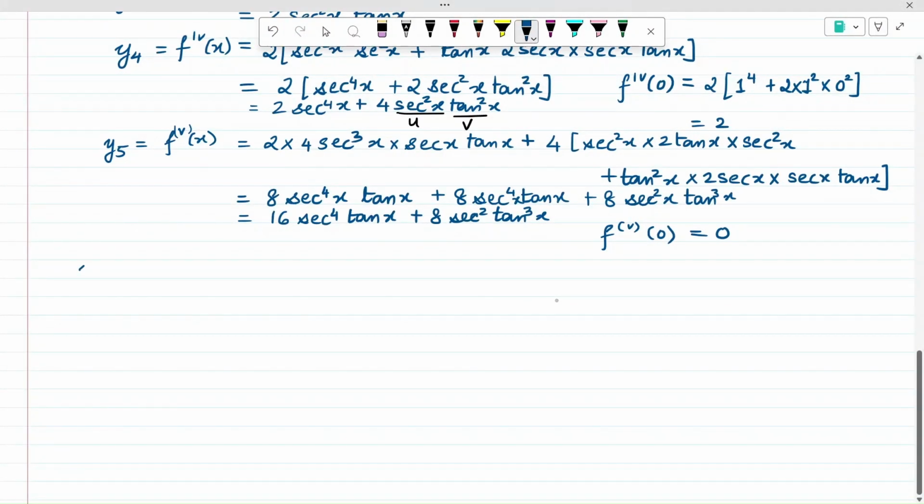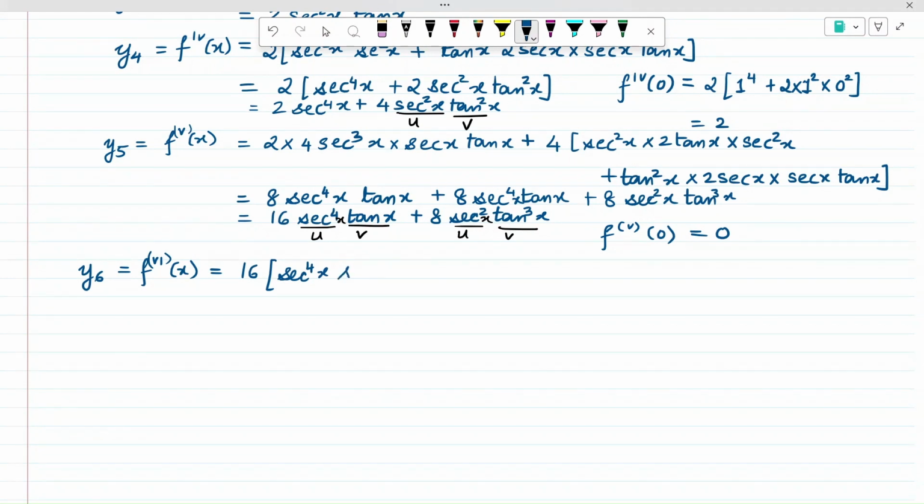Let's calculate the last derivative, that is y6, the sixth order derivative here. 16 constant, again u here and v here, again u here and v here, okay? So one at a time. The first one, I'll have u as it is. The derivative of tan is sec square. v as it is.